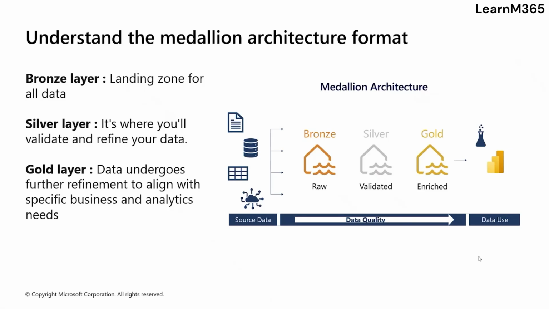And once the data reaches the gold stage, it becomes ready to use by downstream teams, including analytics, data science, or MLOps. Okay, so this was the understanding about the medallion architecture format.